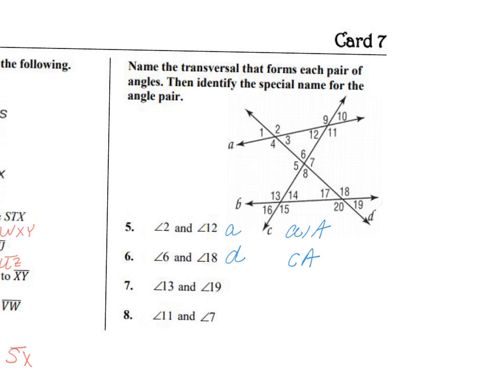So we're to write that the transversal is D and those are corresponding angles. And let's see, next 2 we're looking for 13 and 19. So 13 and 19. And the transversal that we're using there is B. And the 2 lines that are intersecting.